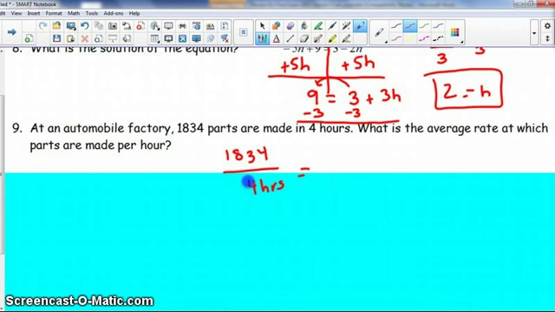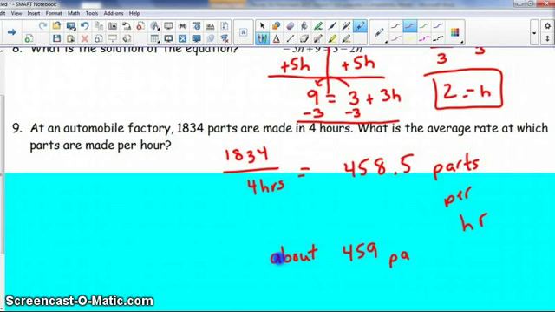And so we take 1,834 and divide it by 4, and we end up with about 458.5 parts per hour. Now, we can't really have 0.5 of a part, so you could actually say about 459 parts.